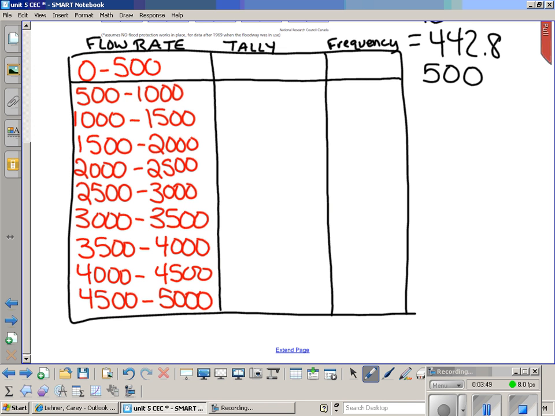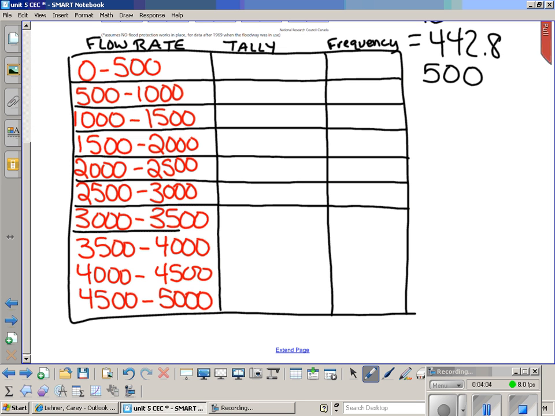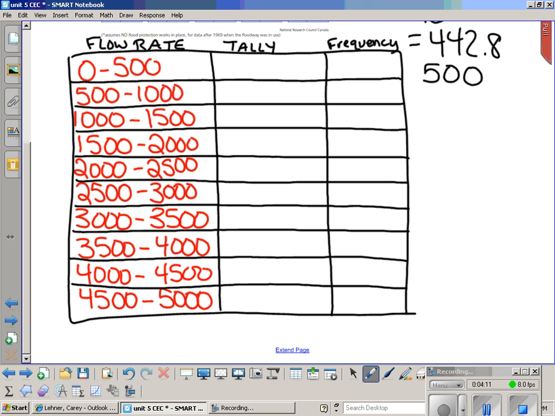Now the other thing to keep in mind, if you notice, we end and begin with the same number in each interval. Our first interval goes to 500. Our second interval starts at 500. You need to be aware of what the frequency table uses. Some will have the first interval including the 500, and the second interval would start at 500.00001, etc. Some will have the first one going 0 to 499, and then the second one starting at 500.